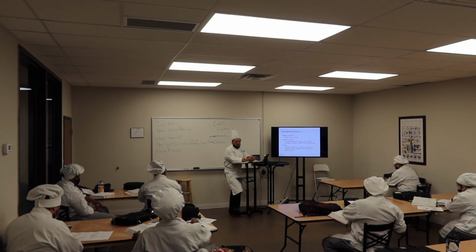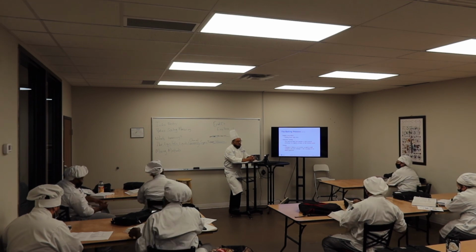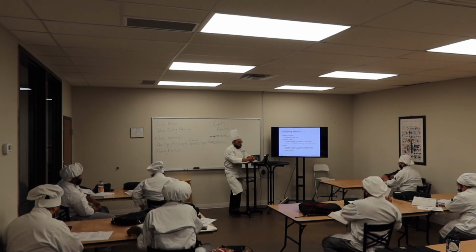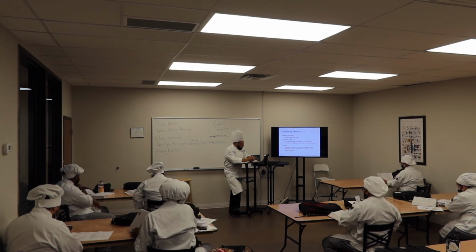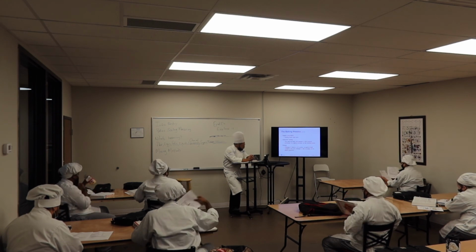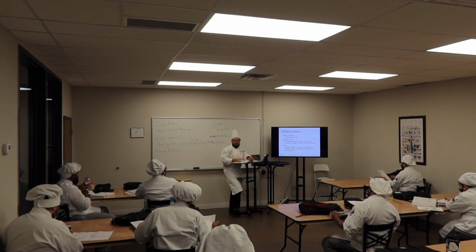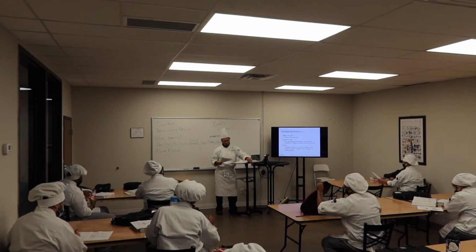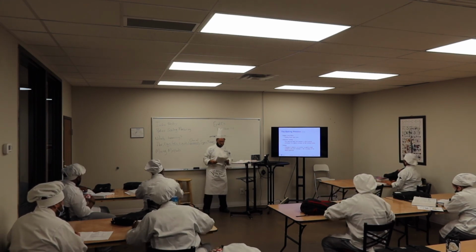So again, it just depends on that. But the portion scoop is also going to be important for controlling the cook time. Tomorrow we're going to talk more about the baker's percentage and scaling and accuracy, but measuring is very important.